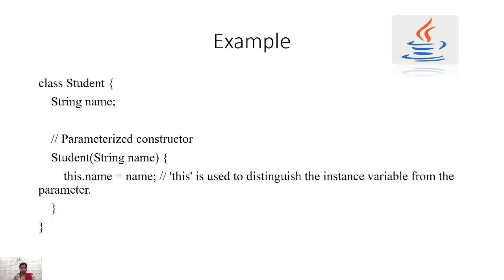So this dot name is equal to name. This is used to distinguish the instance variable from the parameter. The left side, this dot name, refers to the current instance, and name is from the constructor.